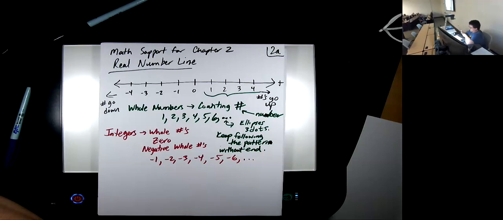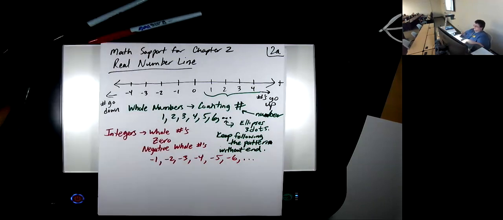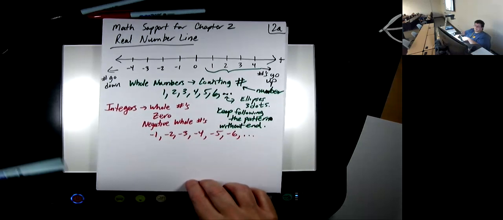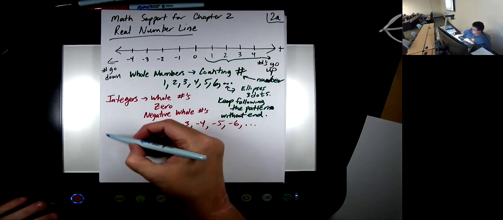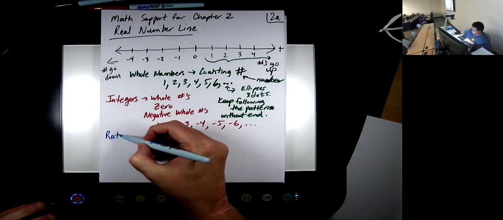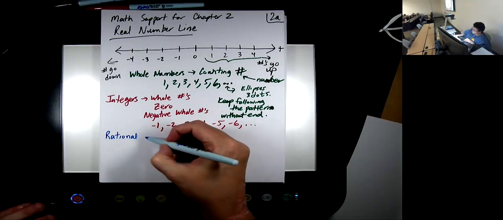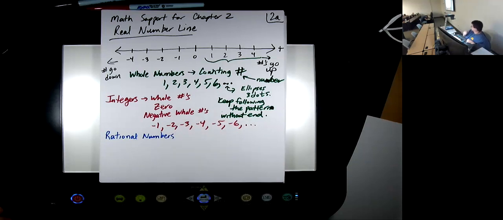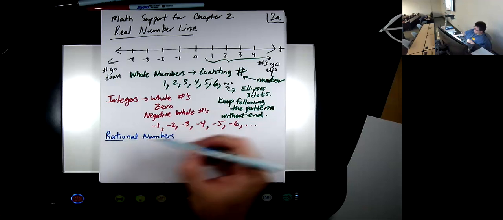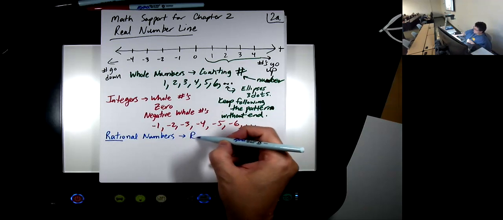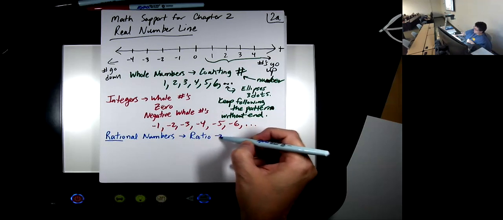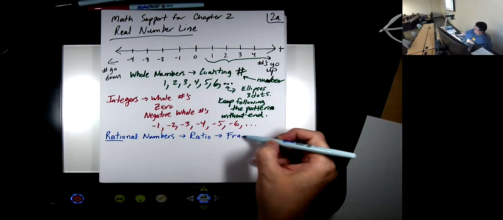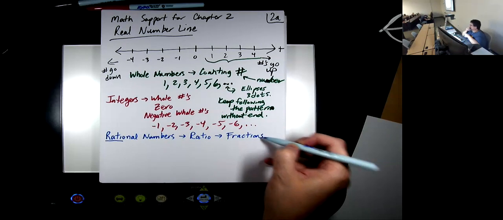And then we have our rational numbers. Rational has the word ratio in it. A ratio, as we'll talk about shortly, are fractions.